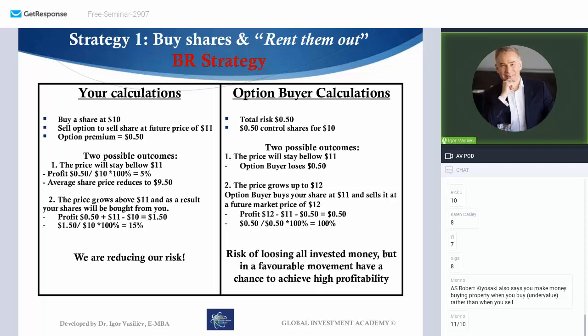He doesn't want to put in all the money. Some people ask whether eventually he would have to put in $11,000. No. When he does it, he just sells the option. He gets this difference straight away. It's one trade only. He doesn't actually have to buy the shares and sell them. He sells this difference to the market. So that person has the risk of losing all the investment money, but in a favorable movement has a chance of achieving high profitability.